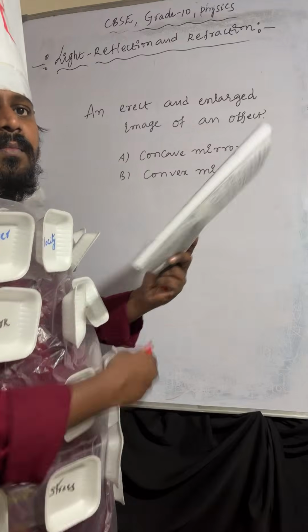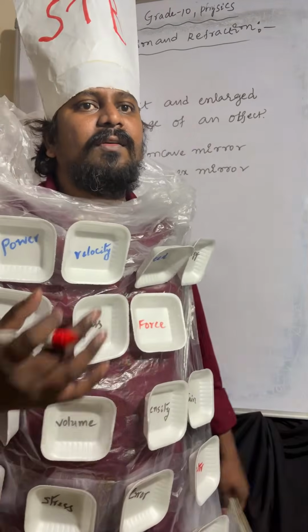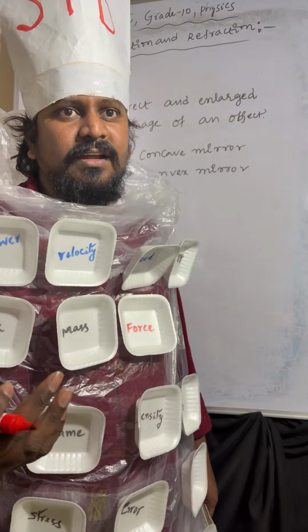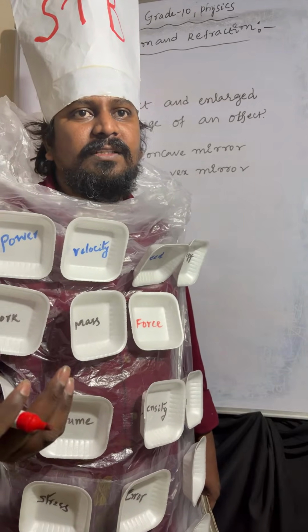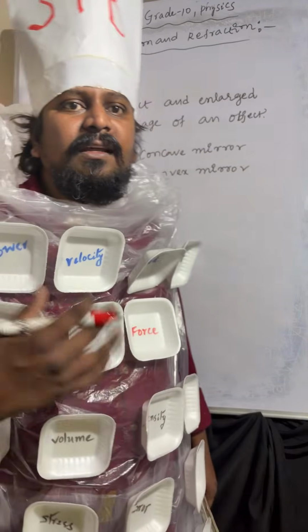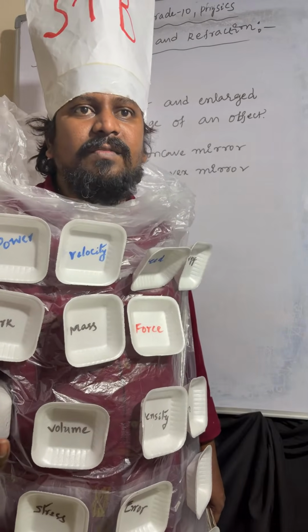The answer is concave mirror. In a concave mirror only we will get an erect and enlarged image of an object. An erect and diminished image of an object is formed in a convex mirror.